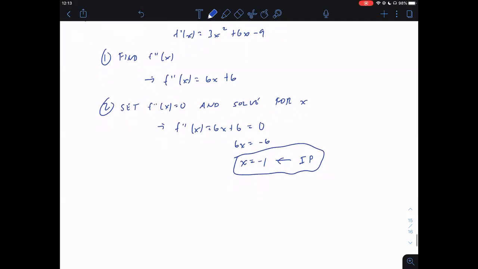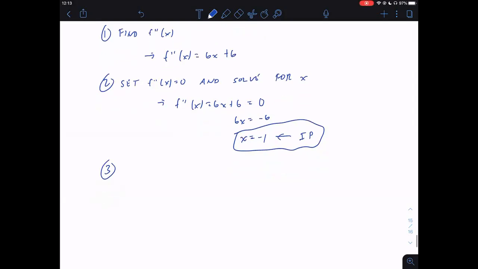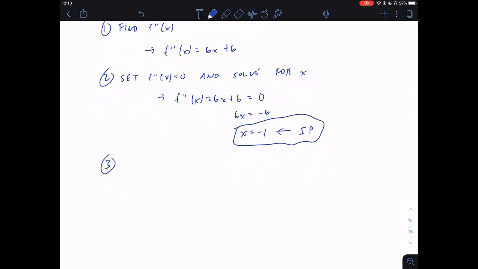Okay, so how can we determine now whether x equals negative 1 is an inflection point or not? And how can we use that to help us determine the type of concavity of our function? Well, what we have to do now for the third step is pretty similar to what we did for critical numbers.